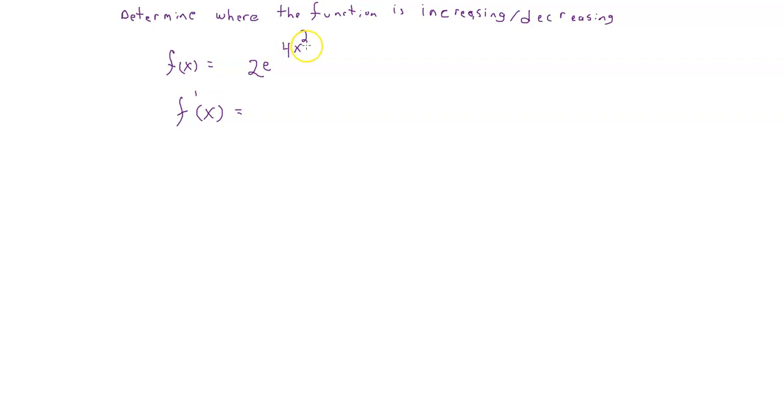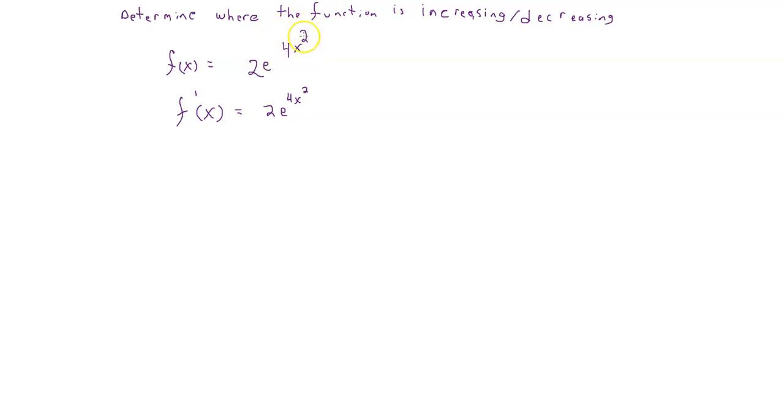Now this particular function is defined for every value of x, so what I'm going to do is look at the derivative and see where that derivative might be equal to 0. Well, to take the derivative of an exponential function, I rewrite the function down, and then I take the derivative of the exponent.